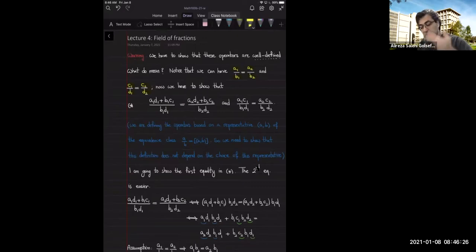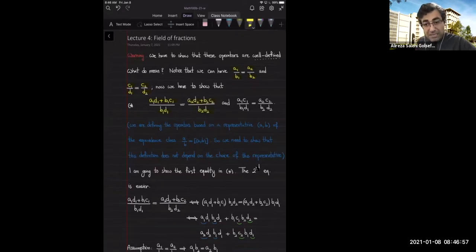So you see, if I use the representatives a1 over b1 for this fraction and representative c1 over d1 for the second fraction, the formula that we have for summation says that summation should be (a1 d1 plus b1 c1) over b1 d1. But if I use the second representatives for the same fractions, I end up getting (a2 d2 plus b2 c2) over b2 d2.